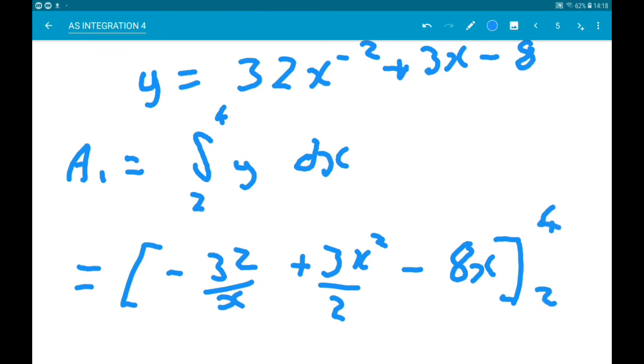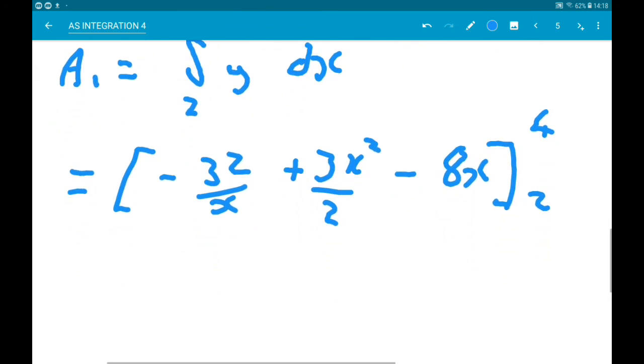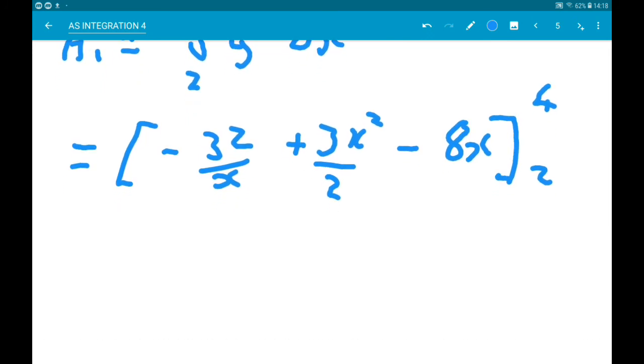Okay, now let's stick in the limits. So, when x is 4, we get minus 32 over 4, which is minus 8. 3x squared over 2 is 48 over 2, which is 24.